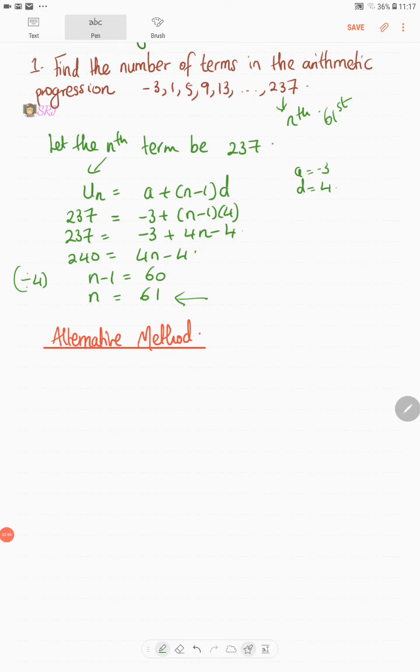Now let's see a second method that can be used to find the number of terms.